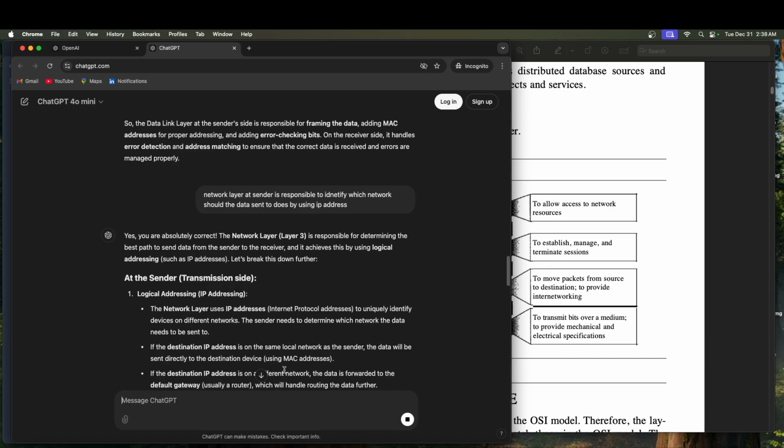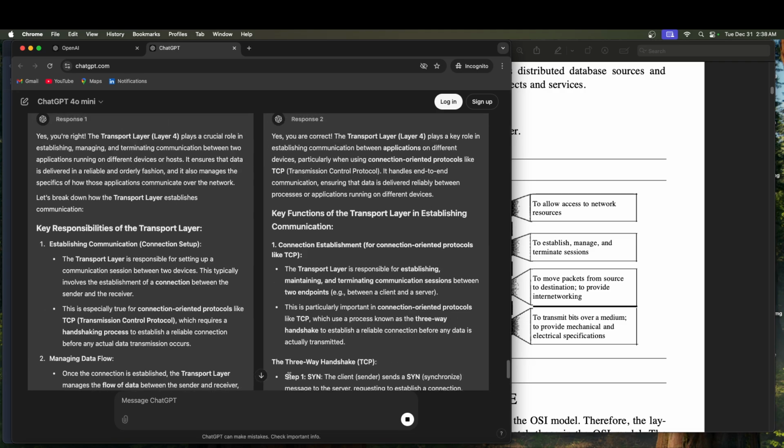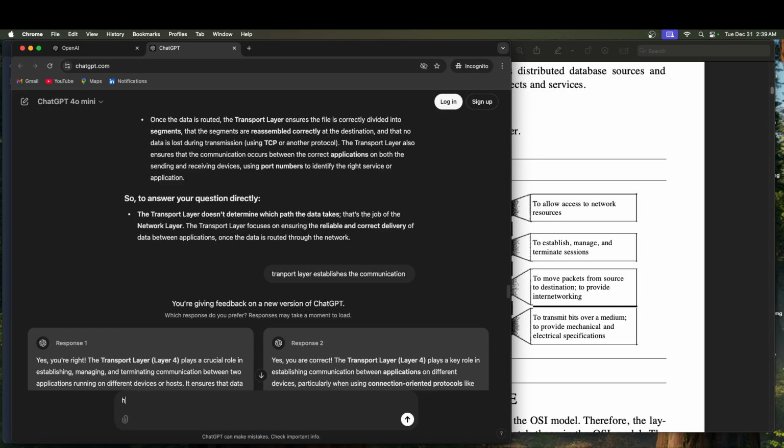Routing is also done by the network layer. The transport layer establishes the communication, the actual connection establishment, like the virtual host to host connection.